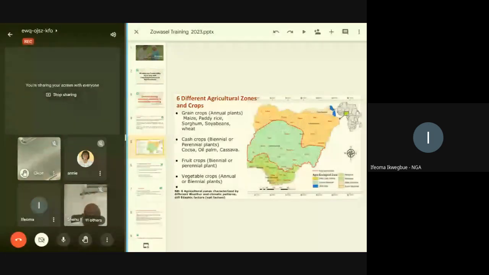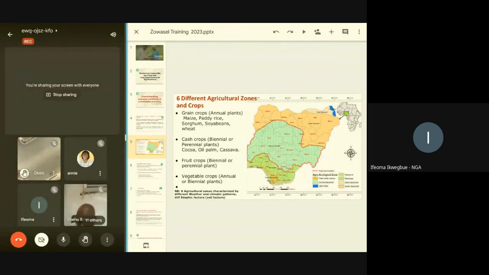These are basically biennial crops, and some of them are perennial crops, with a lifespan from 2 years and above. We also have some crops within other agricultural zones, like the fruit crops and the vegetable crops.